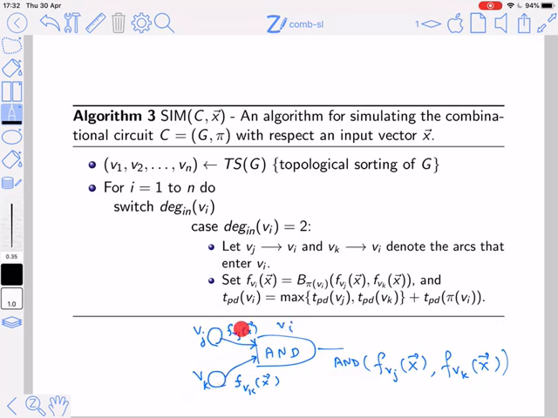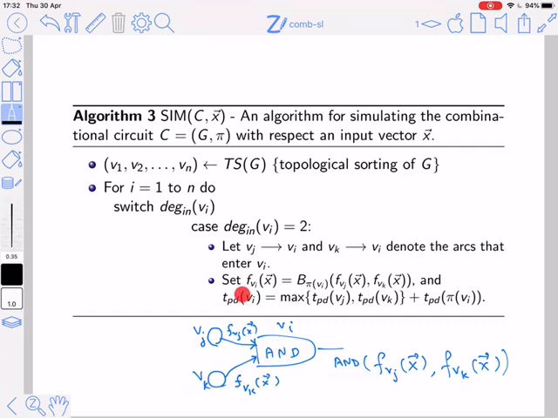We know the functionality that is output by Vj. We know the functionality that is output by Vk. And now all we need to do is perform the AND of these two bits, and this would be the definition of fVi of x. Recall, b of pi of Vi is simply the Boolean function of the gate residing in node Vi. In our case, it's an AND.